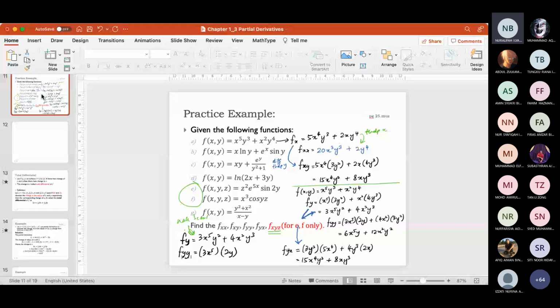Sampai mana kita hari tu? Belum. Total differential belum. Yang ni practice example ni rasa macam kita sempat buat sikit je kan? Nombor 1 je. Yang aku tanya ni jawab dia. A je, B belum. Buat A. Okay, cuba buat soalan B.